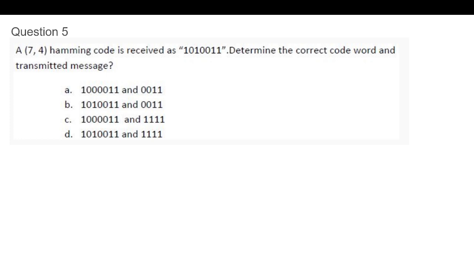Can you try this question? A (7,4) Hamming code receives this. Determine the correct code word and the transmitted message. So we have to check whether it is correct or not. It's given 7, 4. This example we have already seen. Can you try? 7, 4 bits, how many parity bits will be there?